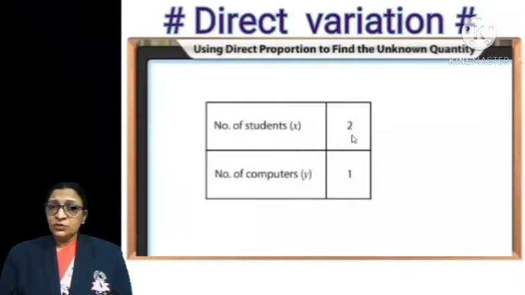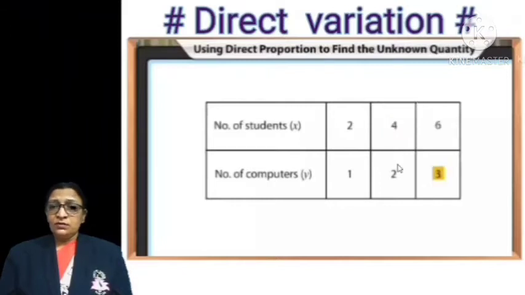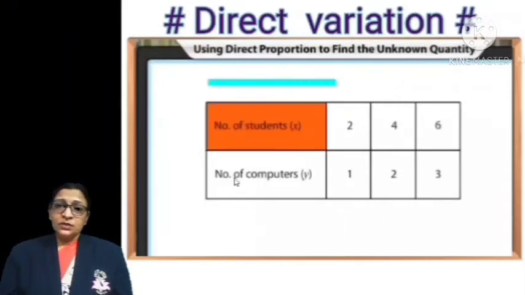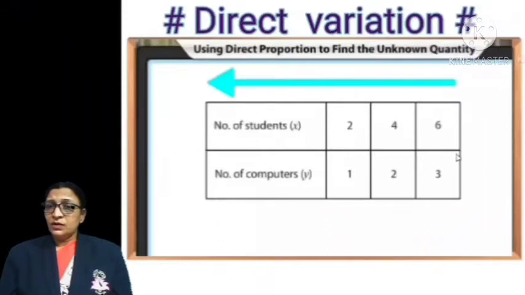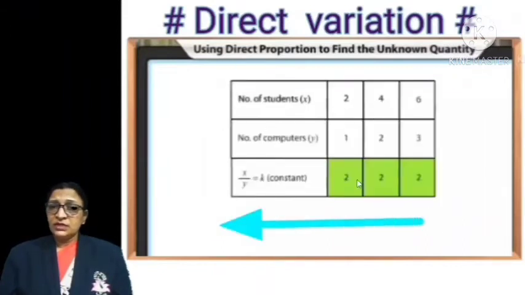So for 2 students, we require 1 computer, 4 students will need 2 computers and 6 students will need 3 computers. So dear students, you can see here the number of students is increasing, and at the same time the number of computers is also increasing, or the number of students is decreasing and the number of computers is also decreasing.